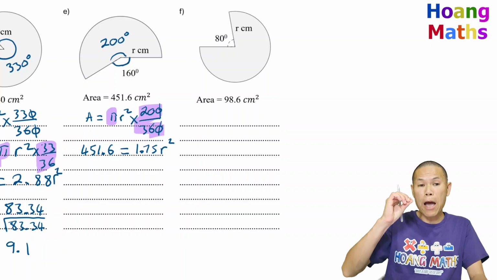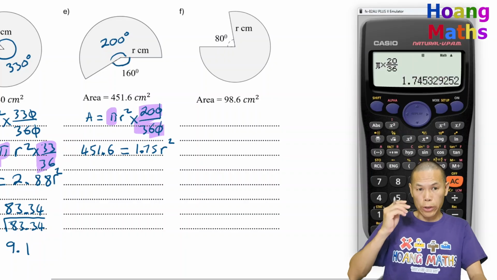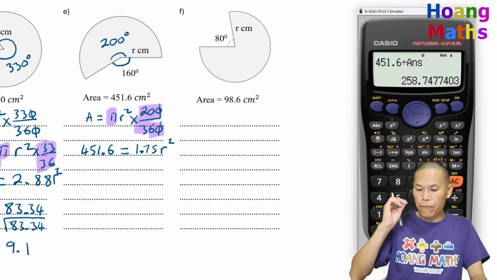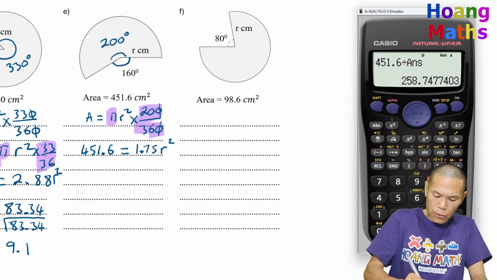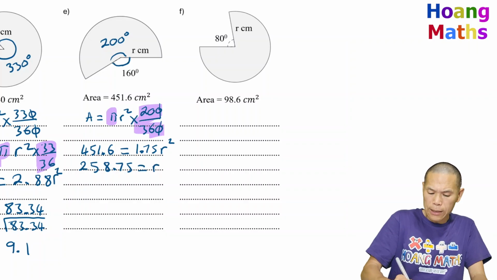And I divided both sides by 1.75. So I just go 451.6 divided by the answer. 258.75. So 258.75, that is r squared.